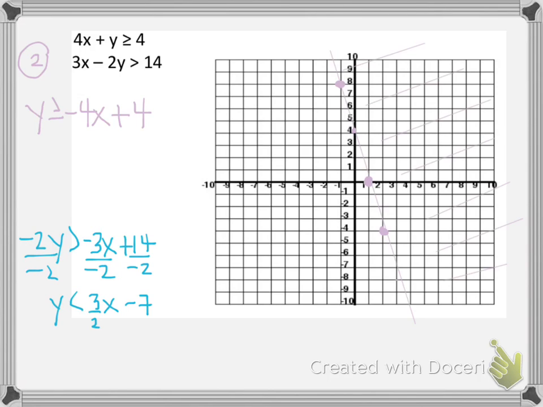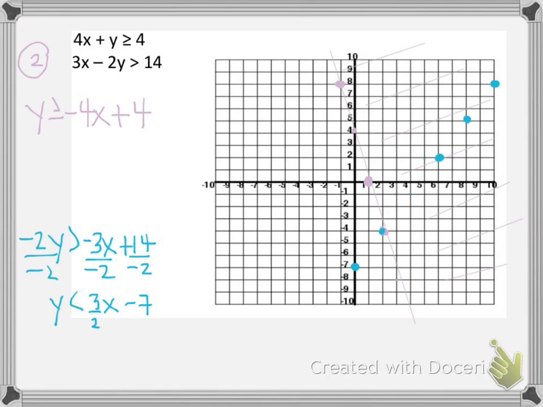Alright, let's do the second one. So this is going to be y is less than 3/2 x minus 7. So at negative 7, we'll have our y-intercept, and then we're going to go up 1, 2, 3, over 1, 2.